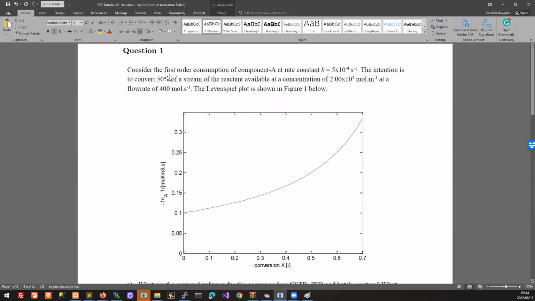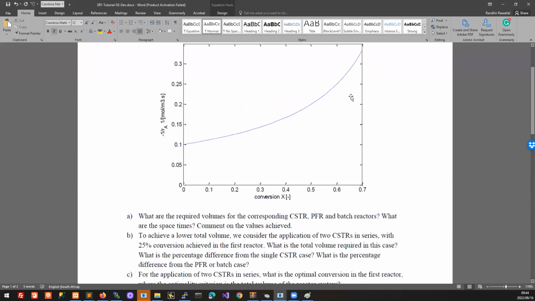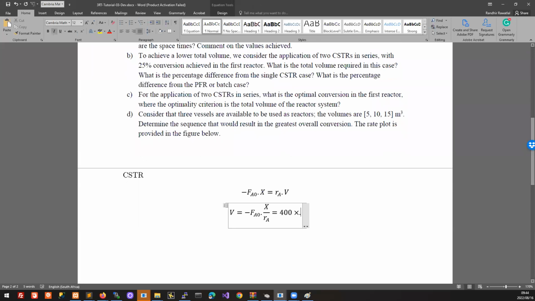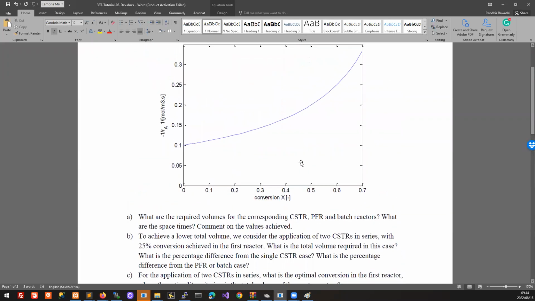So we want to convert 50% of that stream. So we say 400 times 0.5, and then we need the reaction rate.